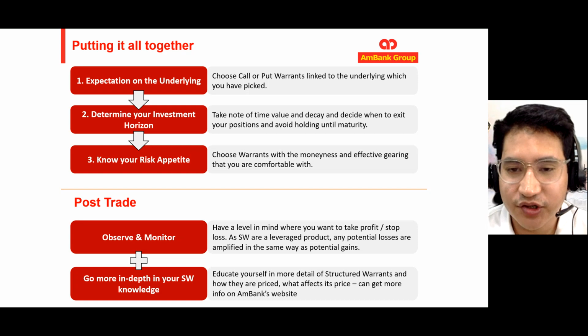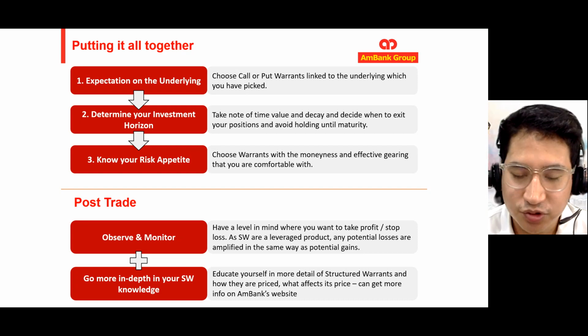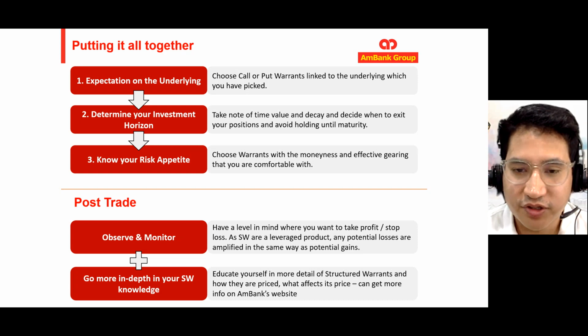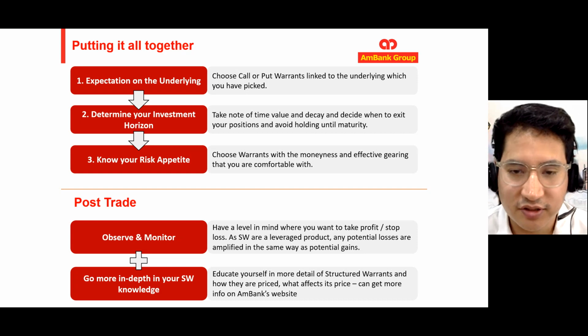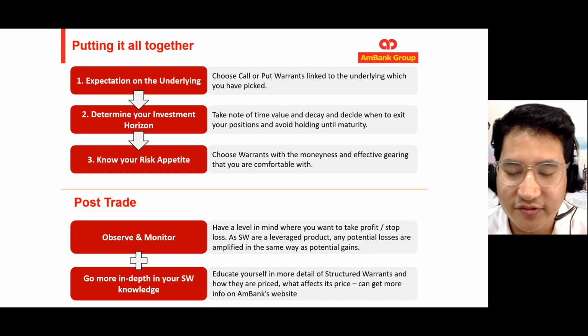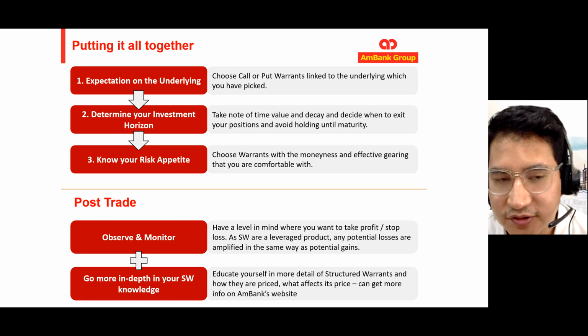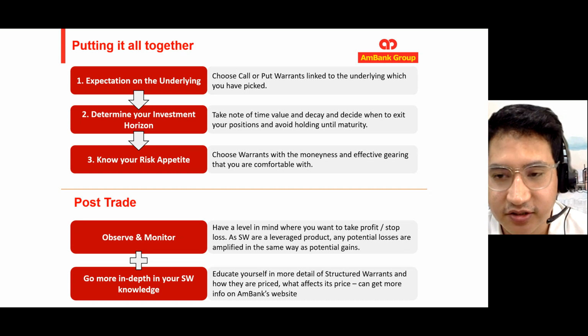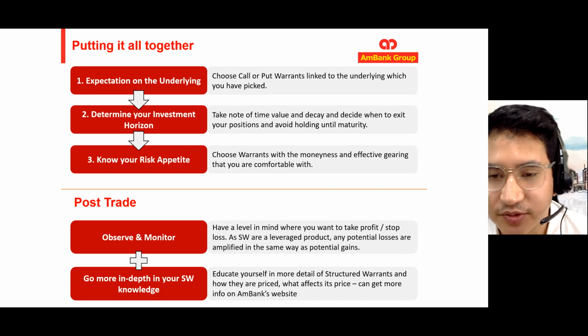So say that you have bought the structured warrants. What should you do post trade? The important thing is that you have to observe and monitor the underlying, because you need to have a level in mind where you want to take profit or stop your loss. As structured warrants are a leverage product, any potential losses are amplified in the same way as potential gains.